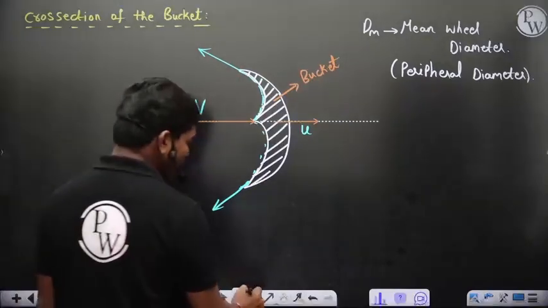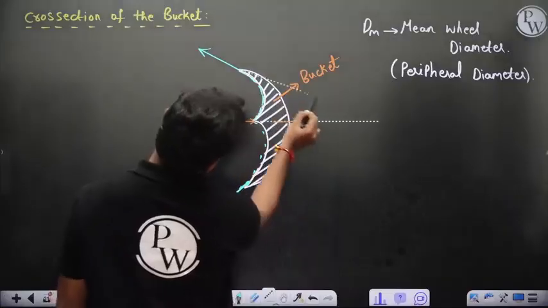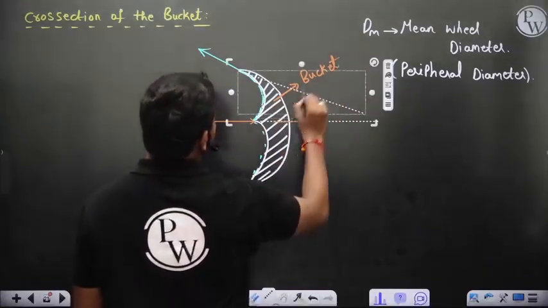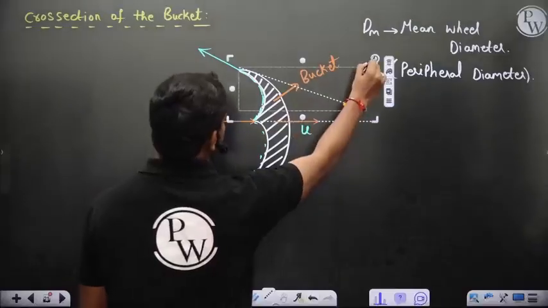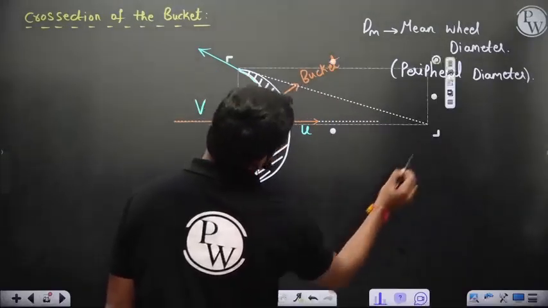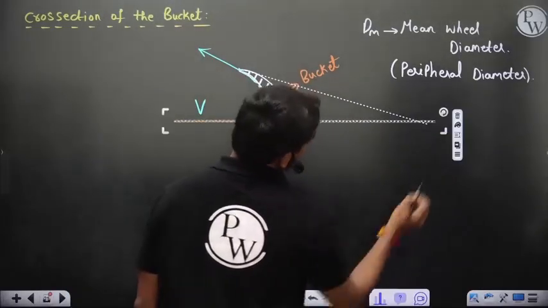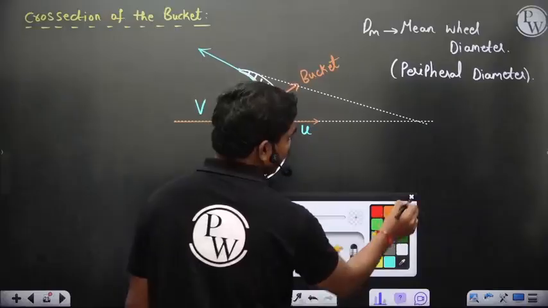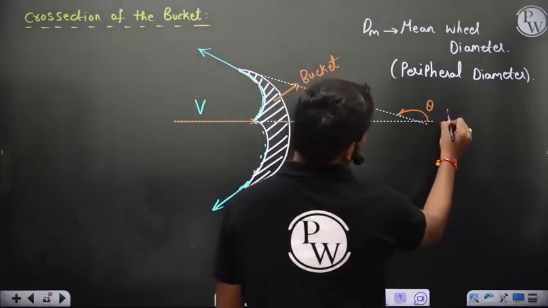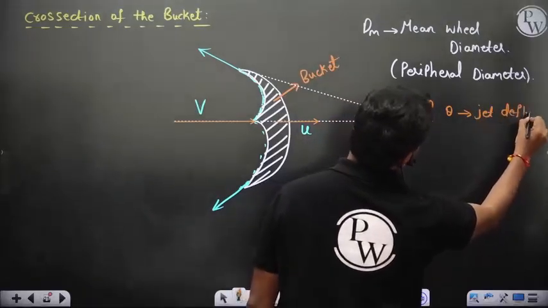This angle by which the jet gets deflected, you can check, is tangential like this, because that's the location where the fluid leaves, of course. So this angle is called theta, and theta is the jet deflection angle.